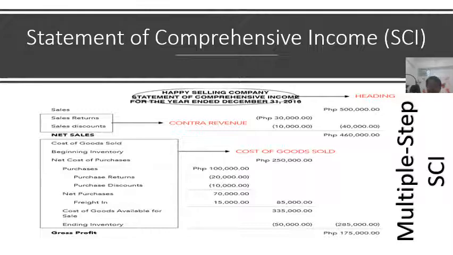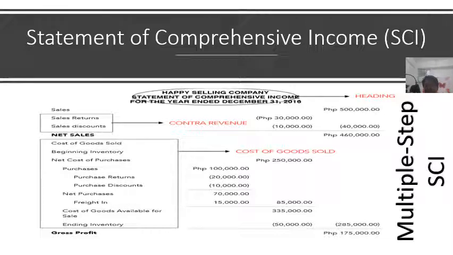Heading. The heading is composed of the name of the company, the name of the statement, which is statement of comprehensive income, and then the period covered last. So for statement of comprehensive income or income statement, we use for the year ended. Please take note of that.